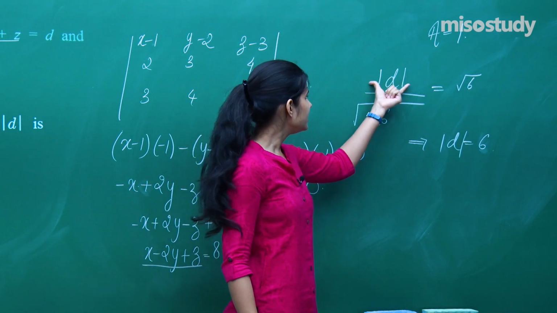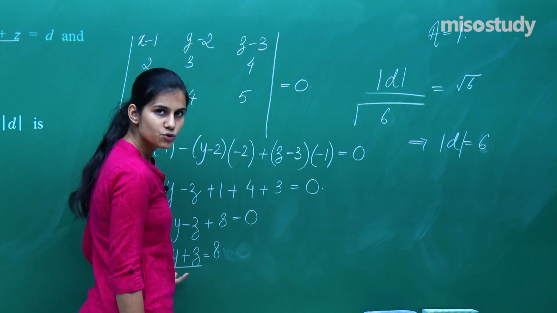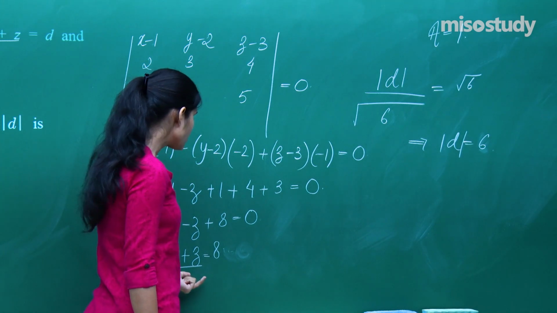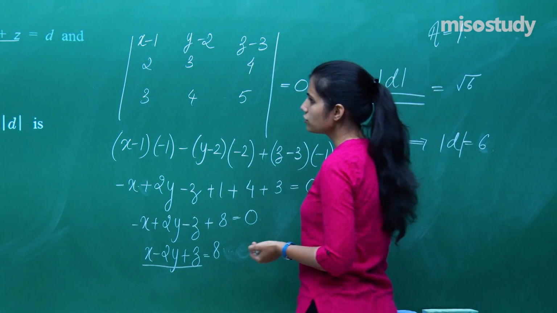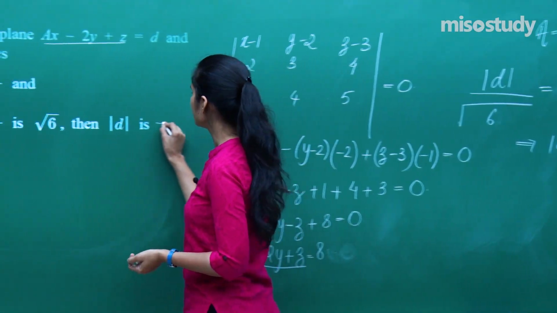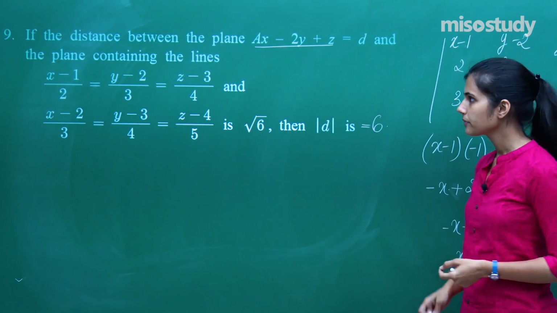Mod d upon root over 1 square plus (−2) square, which is 5, plus 1 square, which is 6. So root 6 is root 6, because that is what is given to you, and therefore your answer is root 6 into root 6, which is 6.